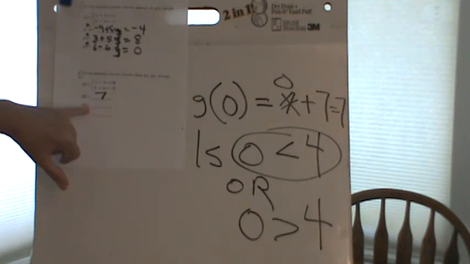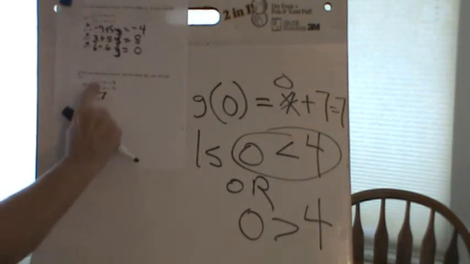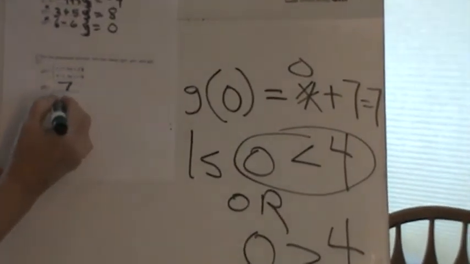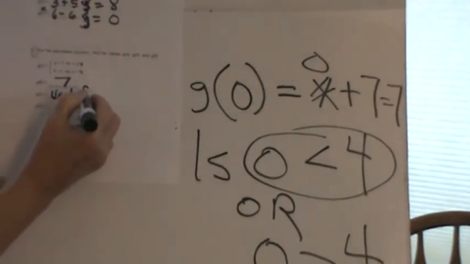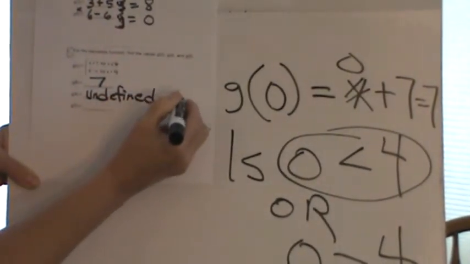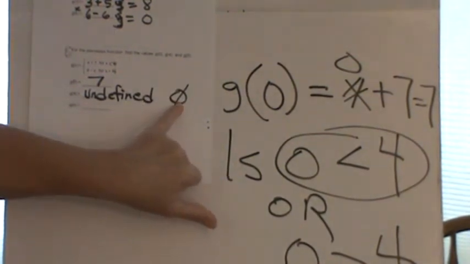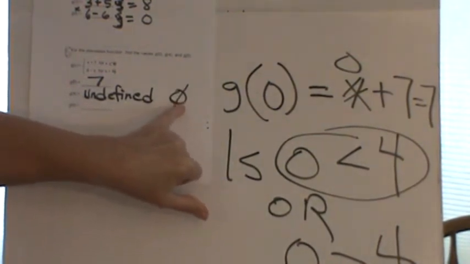Now, they're asking us about that 4. Where are you going to put 4? This piece is for less than 4, this piece is for greater than 4, so you're just going to say it's undefined. There's no place to put it. I'm not sure if MyLabs Plus will let you use that symbol, but if it does, use that symbol.